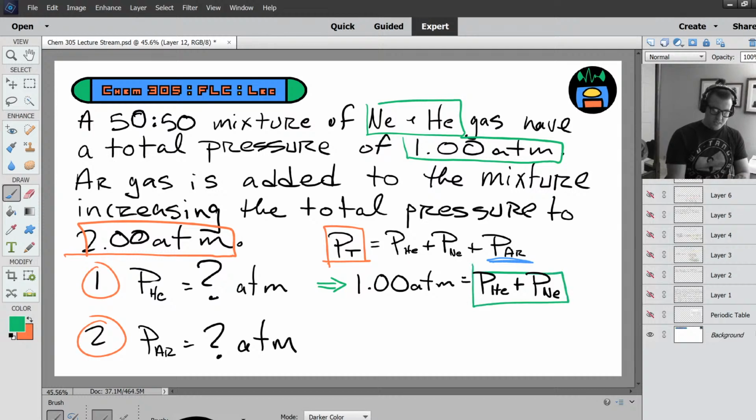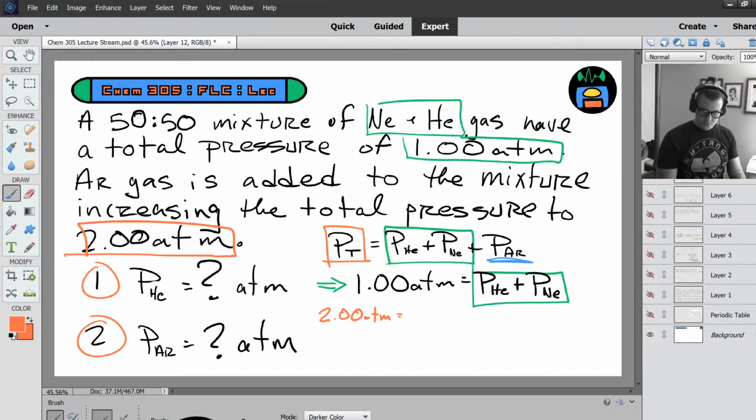And if you want to know what that partial pressure is, we'll plug in the sum for helium and neon into this equation. So we get 2.00 atmospheres is equal to 1.00 atmospheres plus the partial pressure of argon.